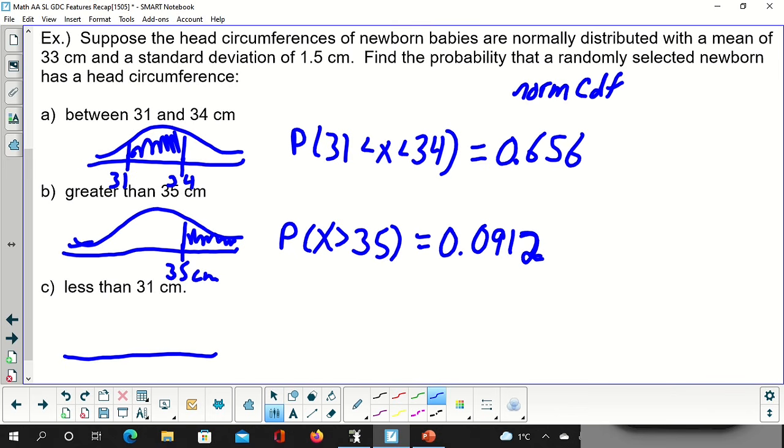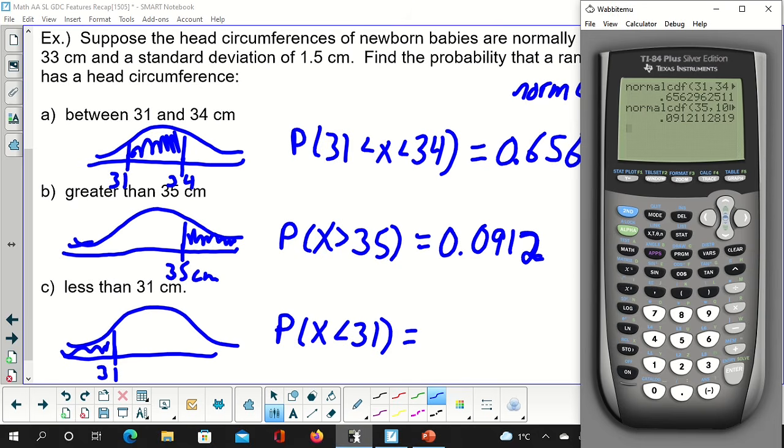In the last one, it's asking us what's the probability that it's less than 31 centimeters. So here's 31. I want to find this area. It's going to be a similar setup. Once again, we need to go second, vars, choose normal CDF. Here, the lower boundary is negative infinity. Now, again, there are no head circumferences that are less than 0. But anytime it goes all the way to the left, I'm just going to put in negative a whole bunch.